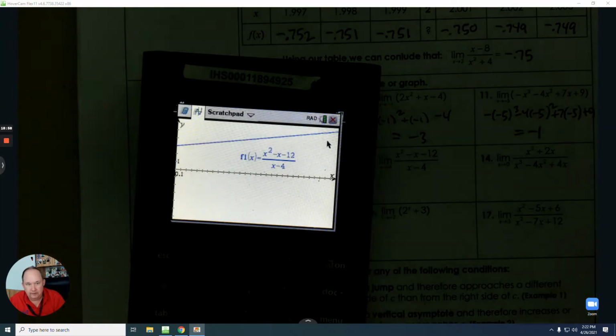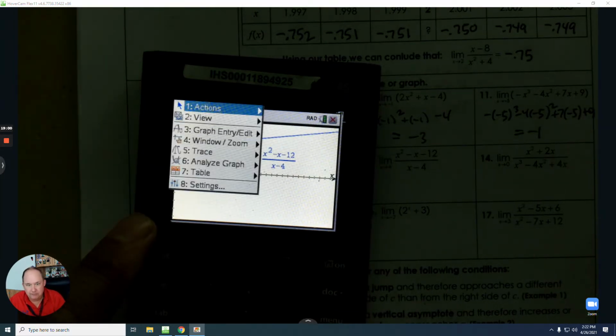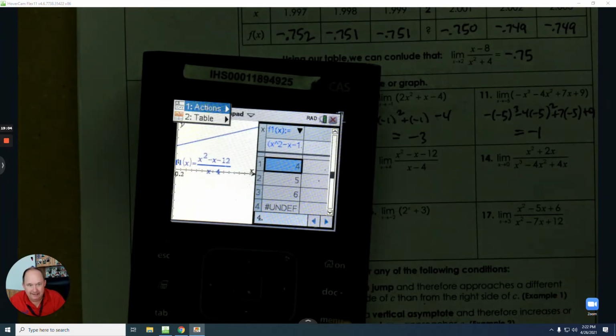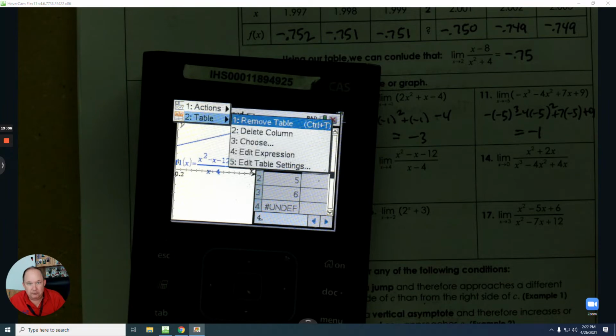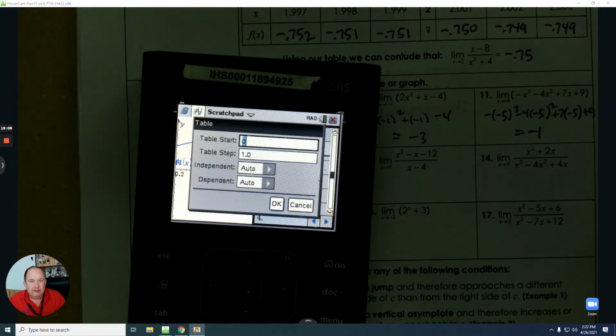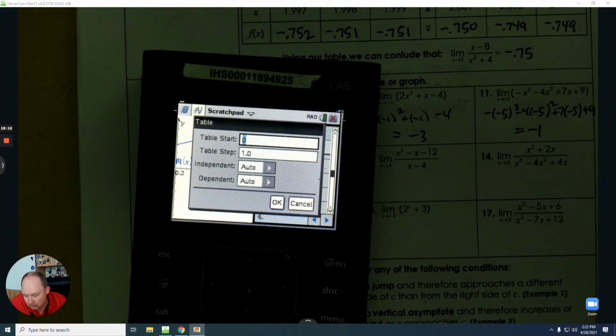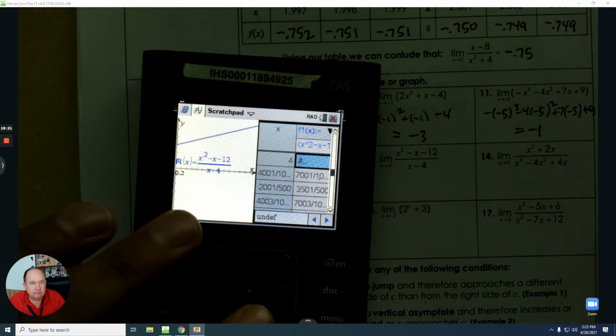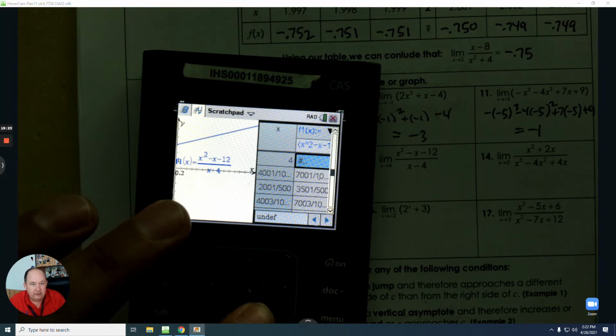All right, let's start again from scratch here. So menu, table, split screen, and then go menu again, and then go table, and then edit it. And then we want to know, as it approaches 4, so we're going to put in 4, and again we're going to go 0.001. I know at 4 it's undefined. So you can see it's undefined.